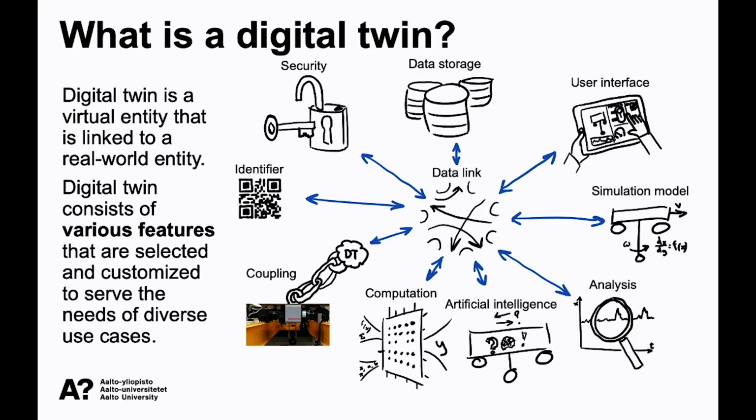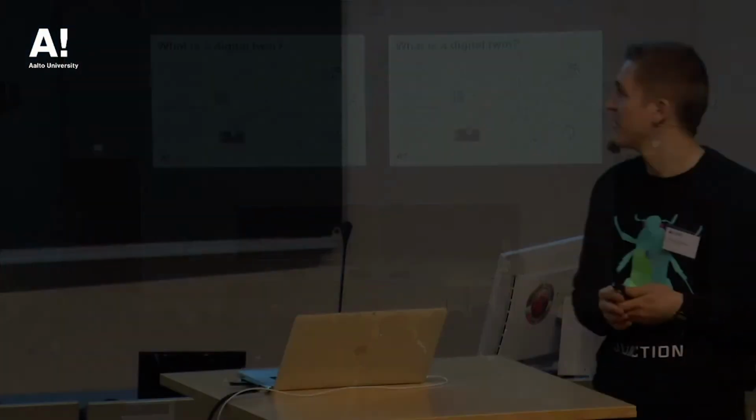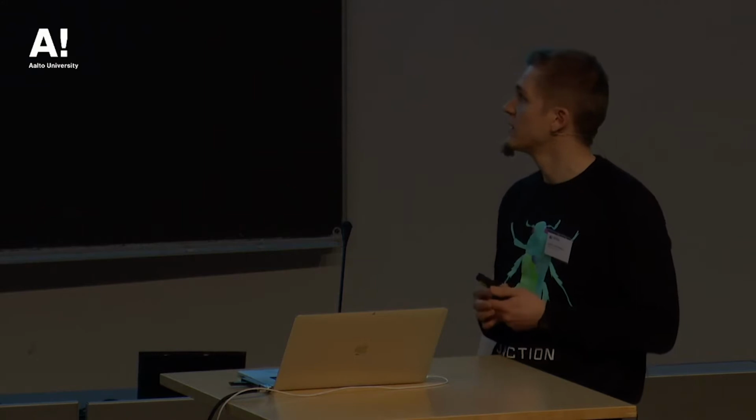It can be via IoT devices or any other way. Even if there's a human updating the digital twin, it is some kind of digital twin, and there is some kind of link, but it's not very handy. And then it's a real-world entity. It can be a physical product.